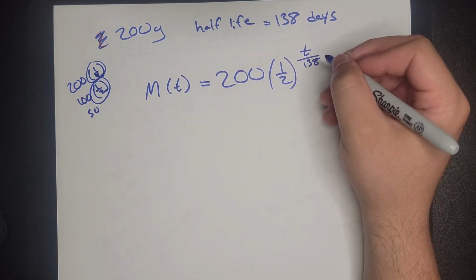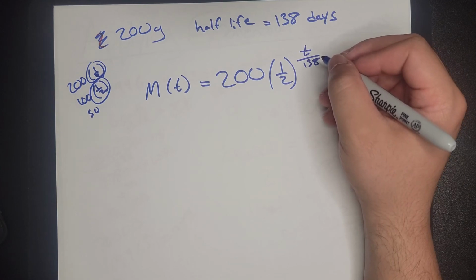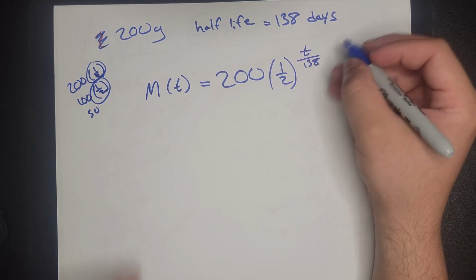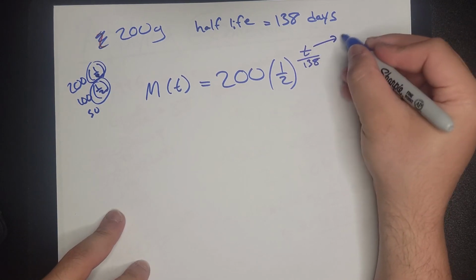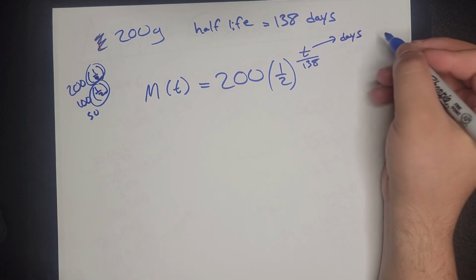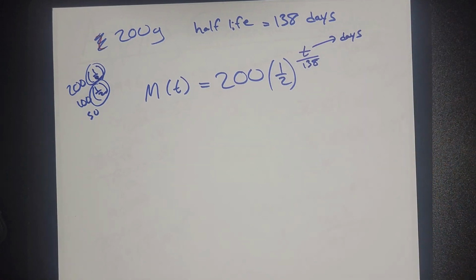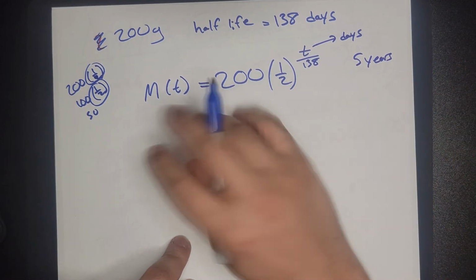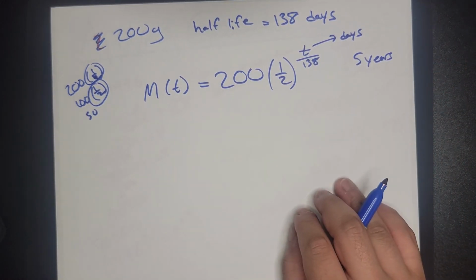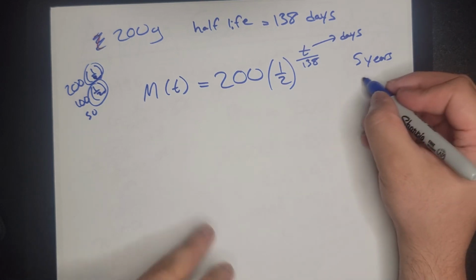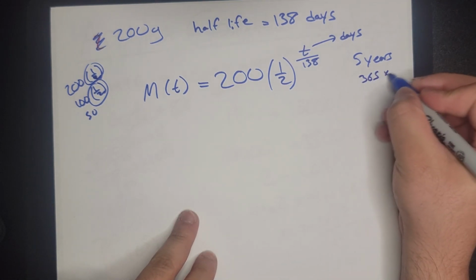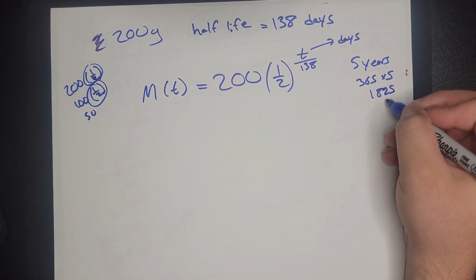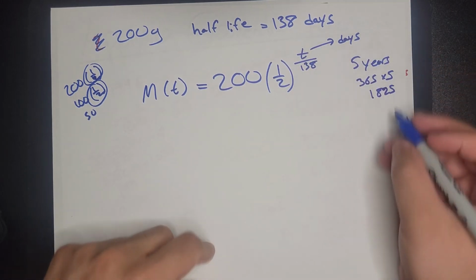So, one thing to understand is t is days. The question is, after 5 years, how much is going to be left over? So first what we need to do is say that, okay, in 5 years, 365 times 5, 1825 goes into our number of days.